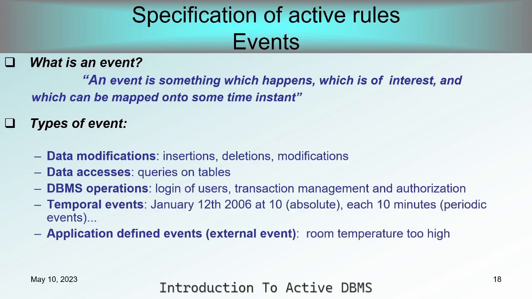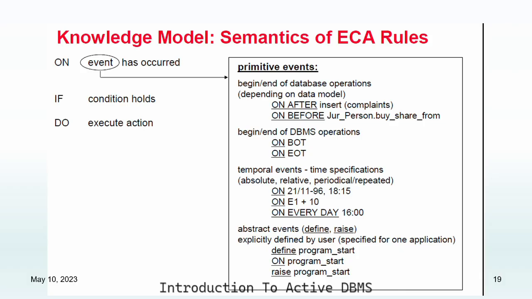It can be a DBMS operation, like login of the user, a transaction, or something related to authorization. It can be a temporal event, which is related to date and time. It can be an application defined event, like when the room temperature is high or low. These are the different sets of events which you can define.